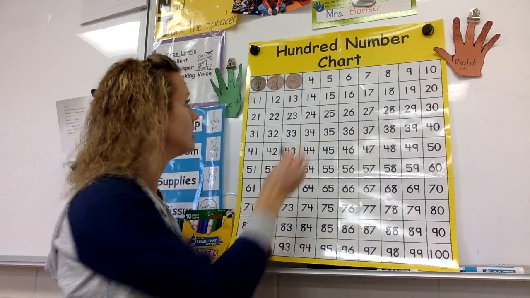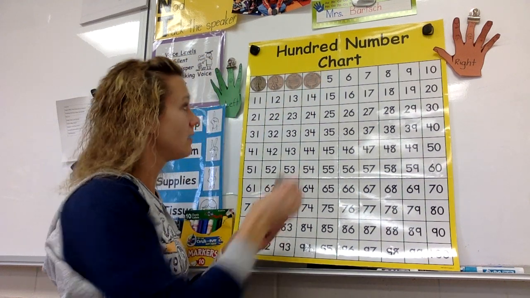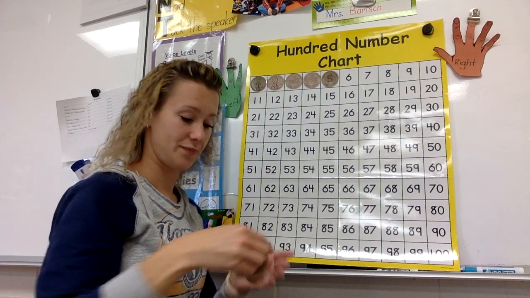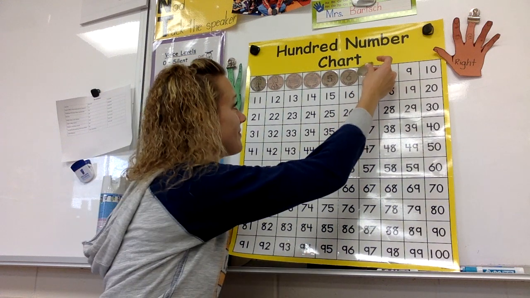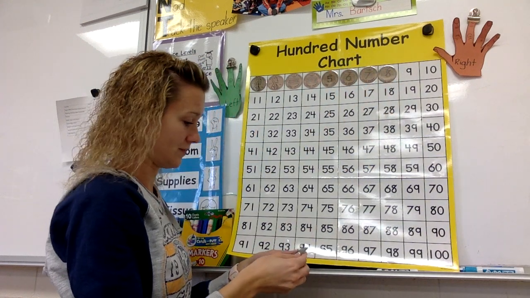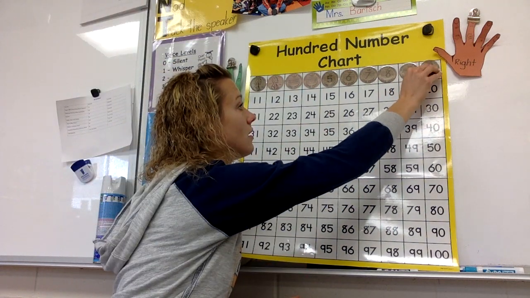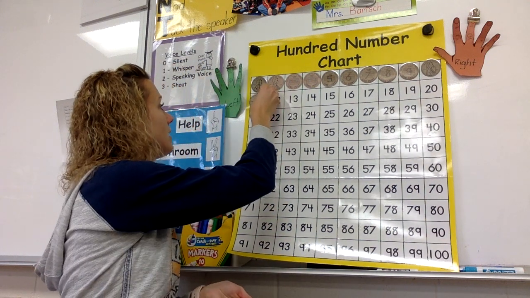After 3 comes 4, 5, 6, 7, 8, 9. I hope you're still counting. Look, here's Abraham Lincoln on the front. 10.